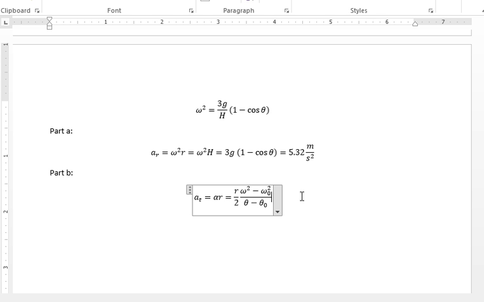Well, omega naught is 0, theta naught is 0, so this is going to be h over 2 omega squared divided by theta.